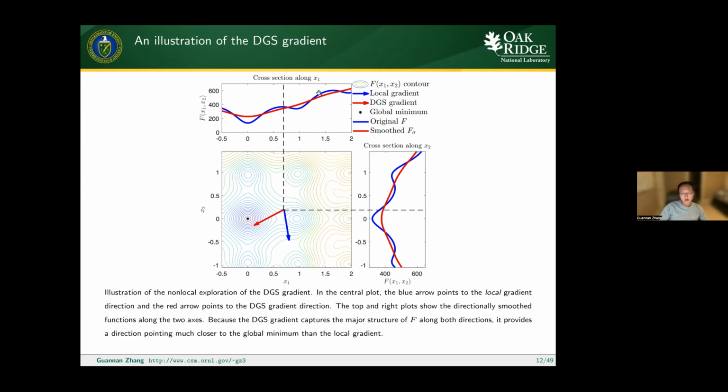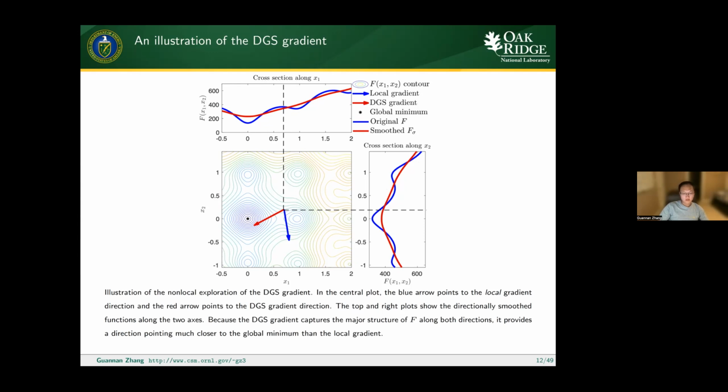The blue curve represents the original 1D cross-section, and the red curve represents the smoothed cross-section. If we compute the local gradient, which is the blue arrow, you can see it points in a totally wrong direction because of the fluctuation of the 1D cross-sections. After we perform the smoothing, the red arrow is the DGS gradient direction.